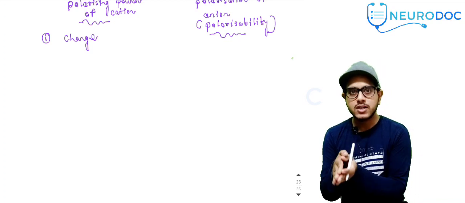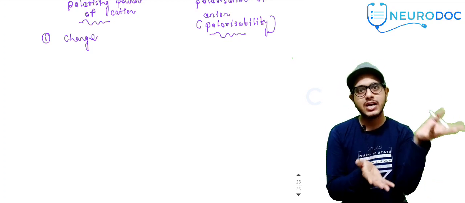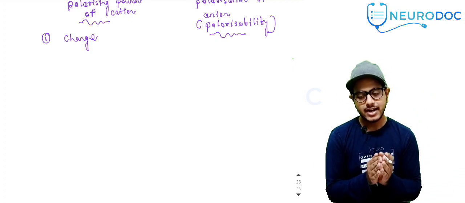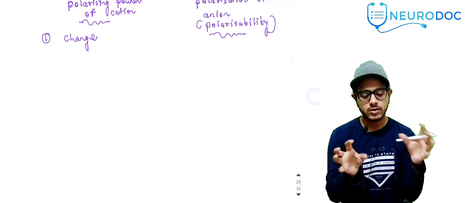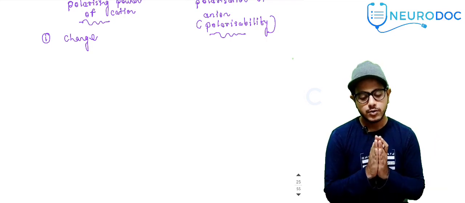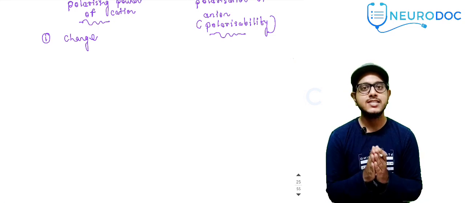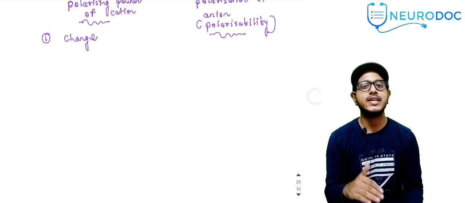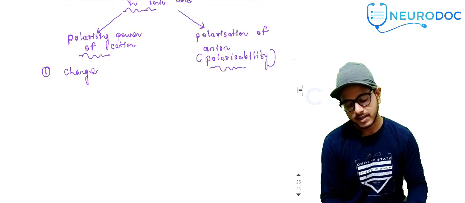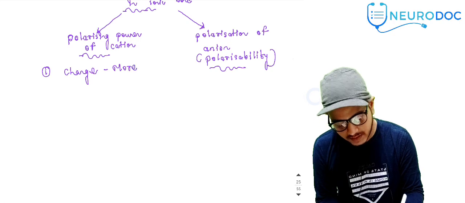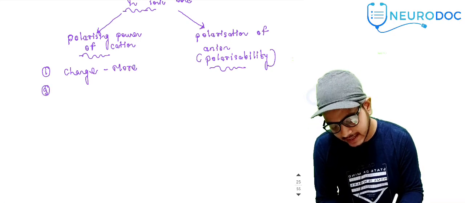If the positive charge is more, then the electron cloud will be shifted more towards the cation, and there will be more tendency for electron sharing, or more tendency for covalent bond. I can say that if the charge of the cation is more, then the polarizing power of the cation is more. Factor number 1, charge. Next, come to size of the cation.